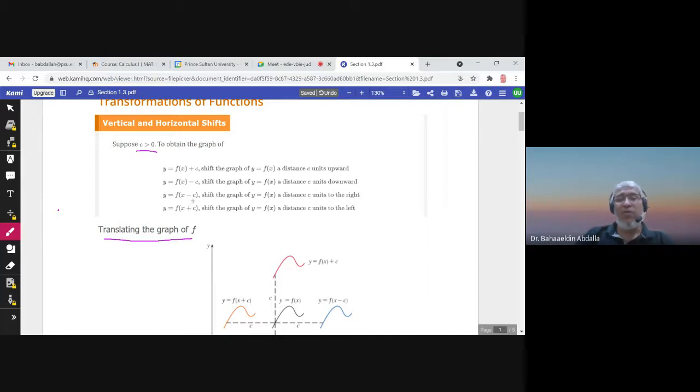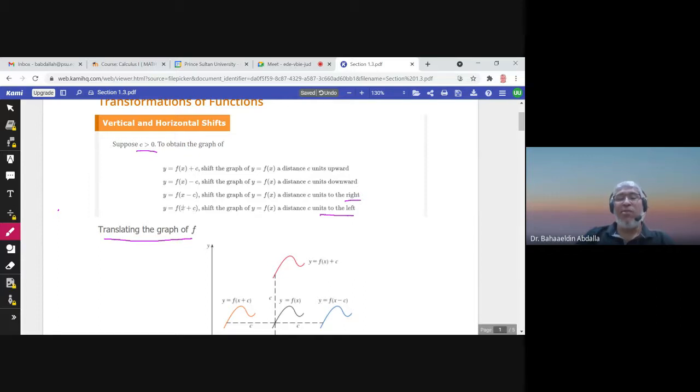If you subtract and add inside with x, not outside like here, so x minus 2, for example, would be 2 units to the right. Plus 2 would be 2 units to the left. Notice that plus minus with y will take you up and down, but plus minus with x will take you opposite side.